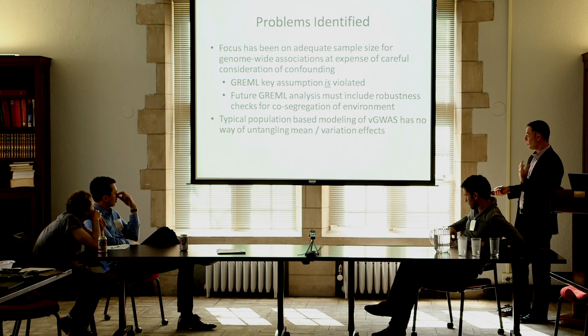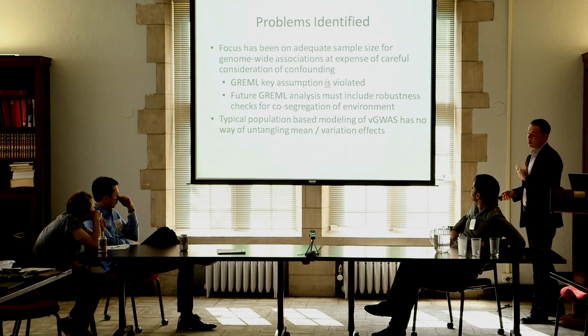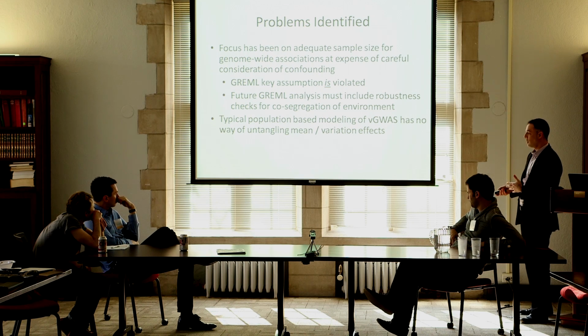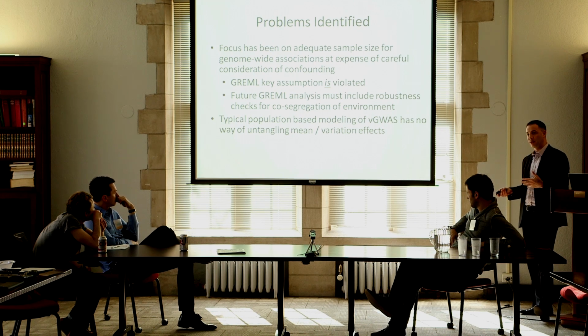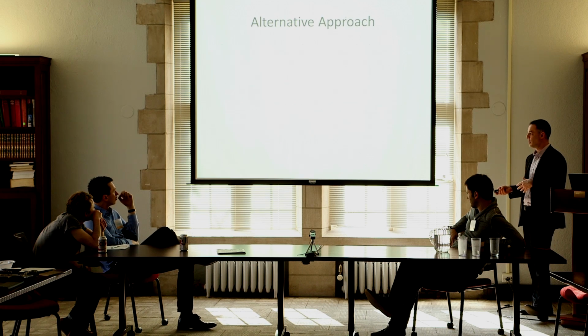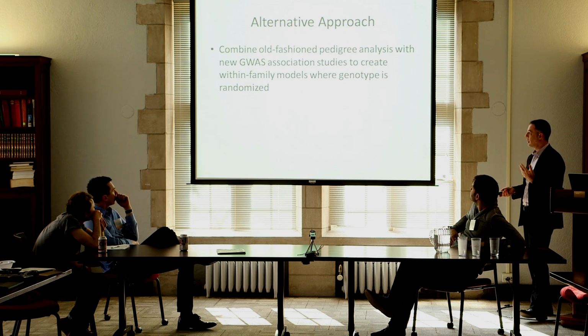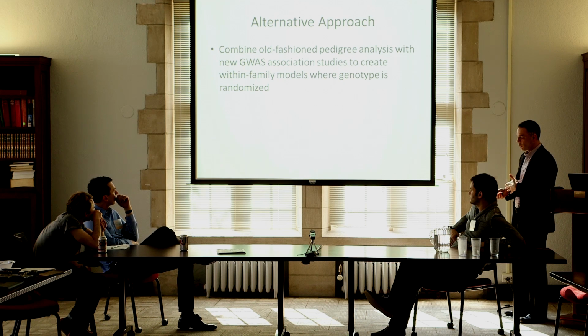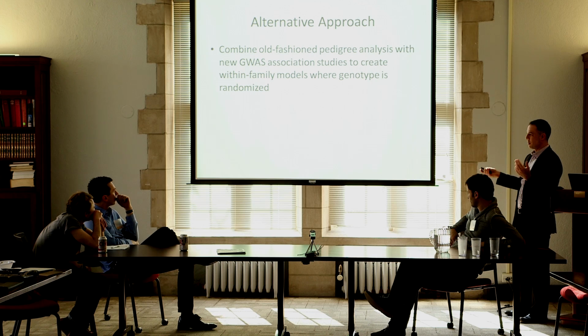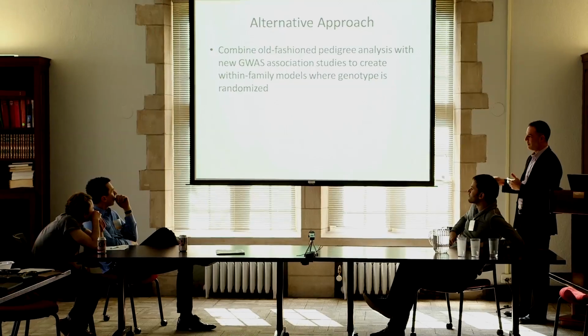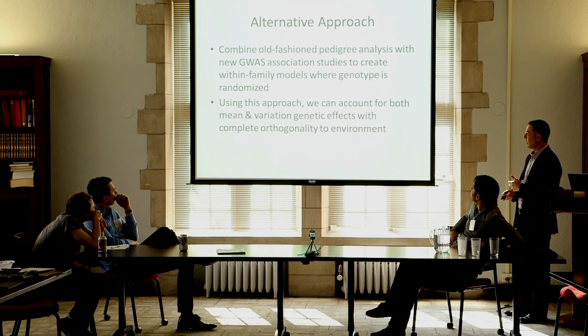As I mentioned, there's no way to untangle the mean and variation effects in typical vGWAS, which means variance GWAS. If we use the family-based approach, we really get randomization that applied economists love, and you can also disentangle mean and variance effects more easily.